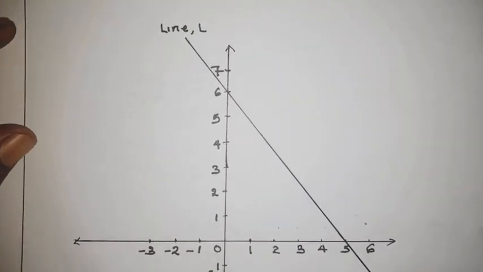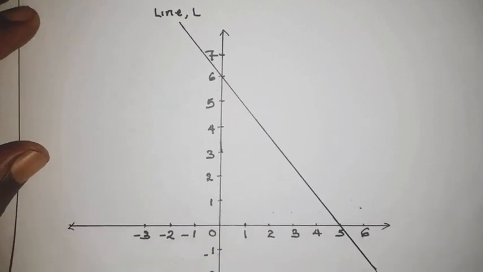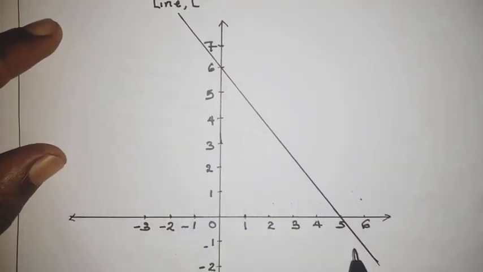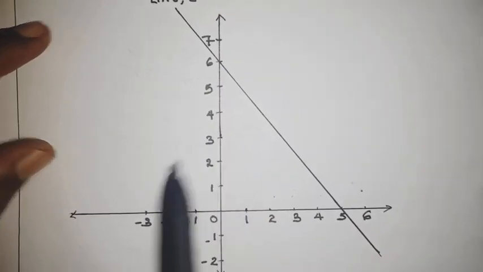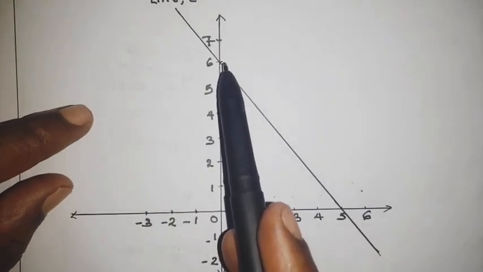Now, as you can see in this Cartesian plane, this straight line here has 2 points that can be mentioned. Let this one be your first point.